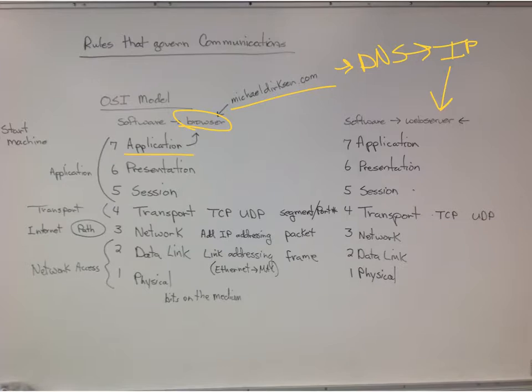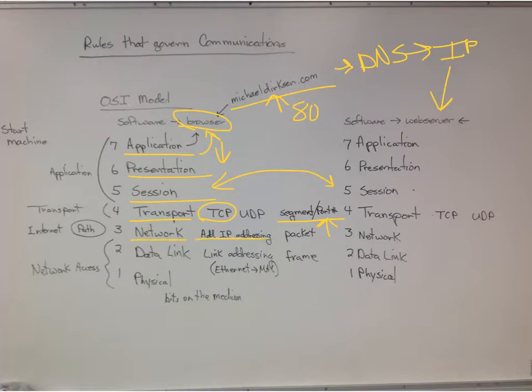The application layer is hooked into the browser, starts sending the information down. Presentation layer prepares the data to send, and we set up a peering session across. We figure out how we're going to transport it. In this case it's TCP, and we make a segment with port number. This website is port 80. It's not secured.